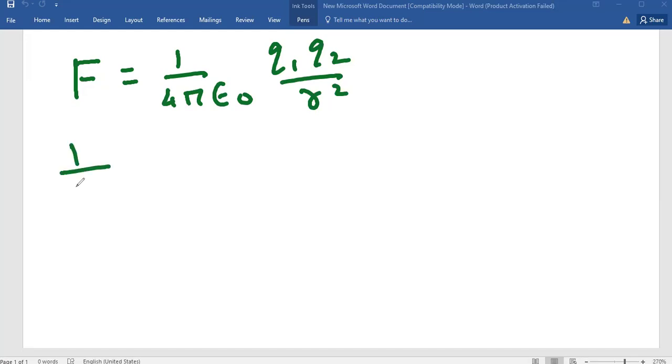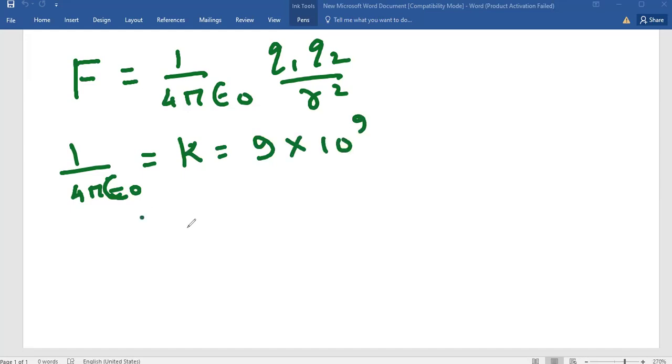Sometimes we write 1 over 4 pi epsilon naught as K. Later on we will use K as dielectric constant, but for the time being we are using this to be K, and it is equal to 9 times 10 to the power 9. And this epsilon naught is called absolute electrical permittivity in vacuum, whose value is about 8.85 times 10 to the power minus 12.